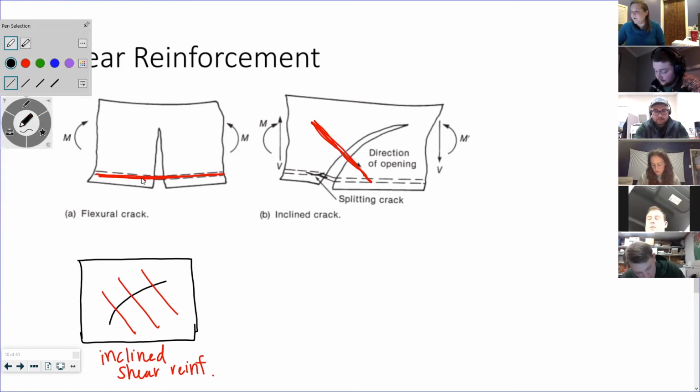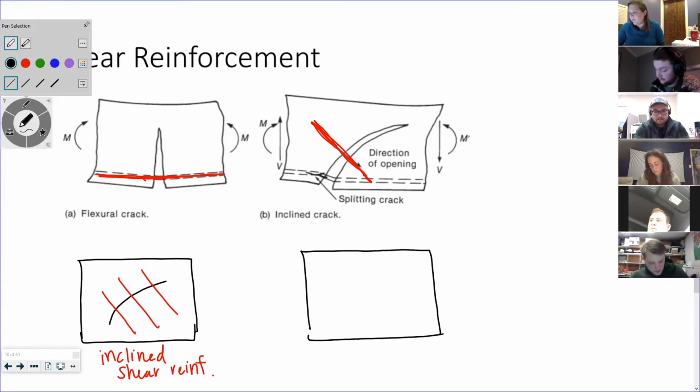Or what we just do in the US is we put it vertically.